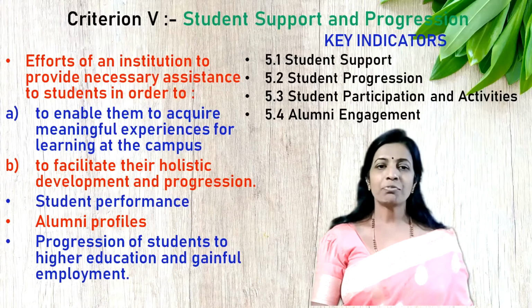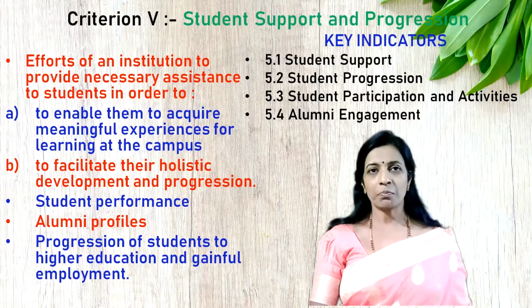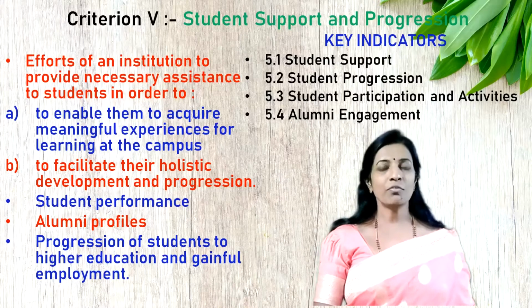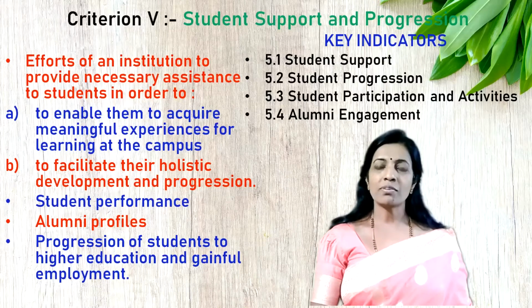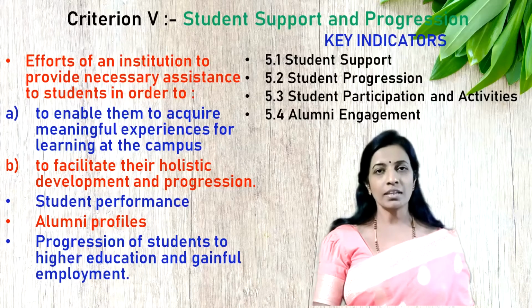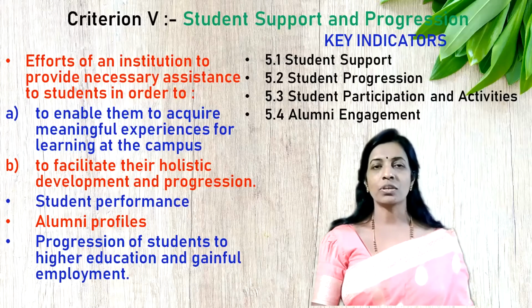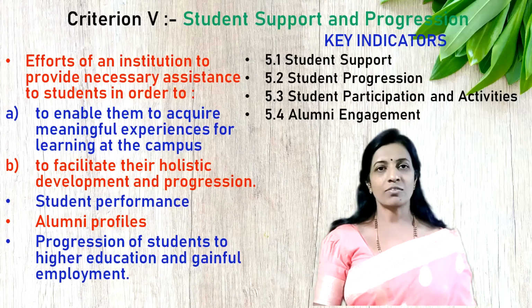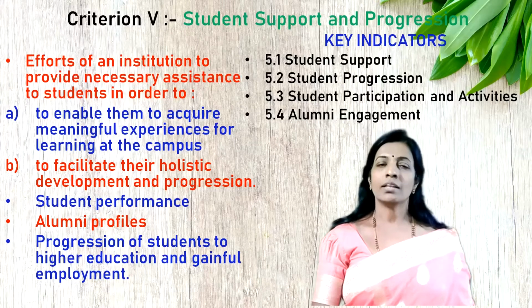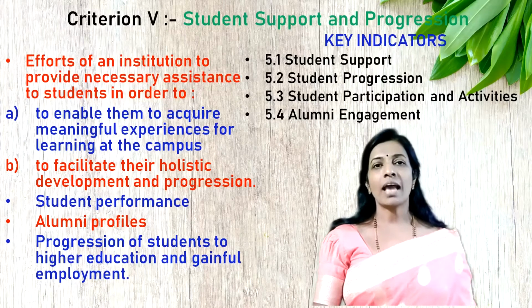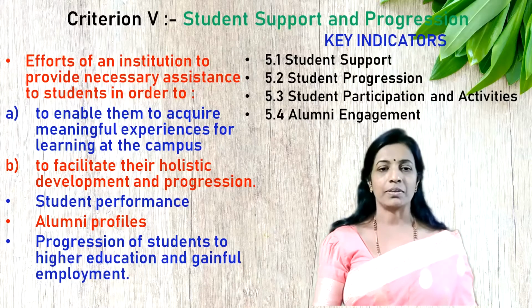These mobilizations of resources may be both financial and non-financial in nature. So, the fifth criteria, student support and progression, is basically focusing on the support systems which are prevalent in the higher education institution for the assistance of the students in their teaching learning process as well as in their holistic development.